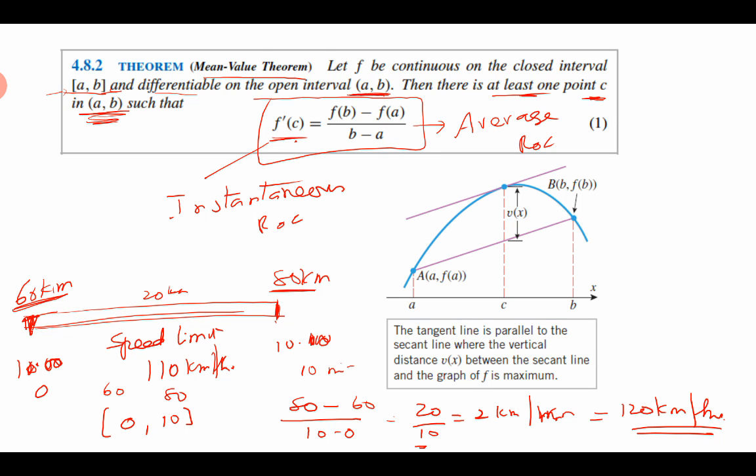Your average velocity is 120 kilometers per hour. So at least at one point on this road you must have reached 120 kilometers per hour. The actual speed limit is 110, so when you reach 120, at least at one point between these two stages, you can be booked for speed violation. That's the point of the mean value theorem.